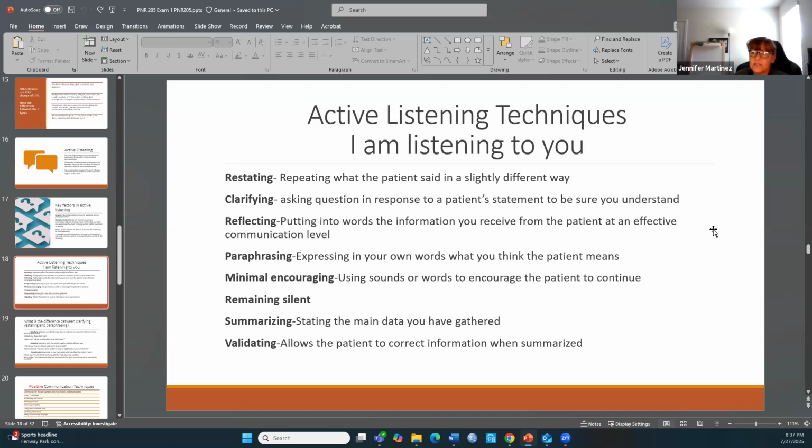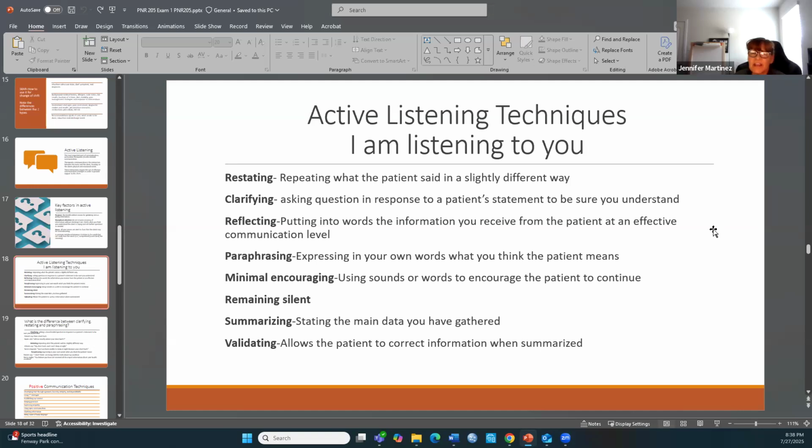Clarifying is asking questions in response to a patient's statements, just to make sure that you understand what the patient said. Reflecting is putting into words the information you receive from the patient. Paraphrasing is expressing in your own words what you think the patient means.